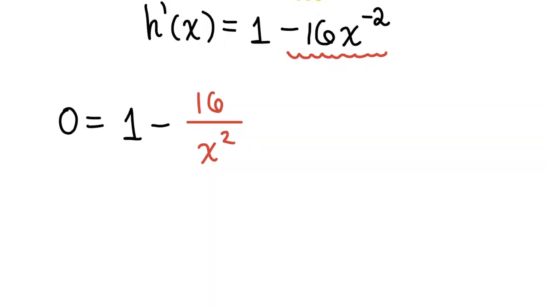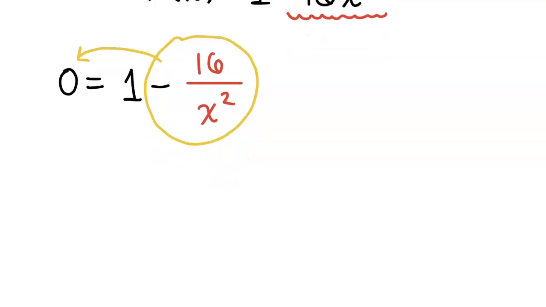I can see different ways of doing this, but the most efficient way is this. Move this to the other side. If you move that negative fraction to the left side, we get positive 16 over x squared, because I'm adding it to move it to the other side, equals 1.